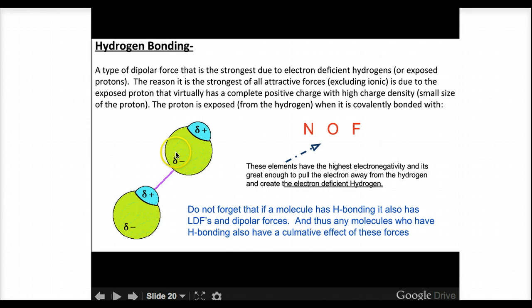So pretend that this right here is a fluorine and this is a hydrogen. Fluorine being small and being highly electronegative pulls that electron so far away from the hydrogen that it's as if the hydrogen does not have the electron anymore, and all we have is this exposed proton. So let me talk about that once more.